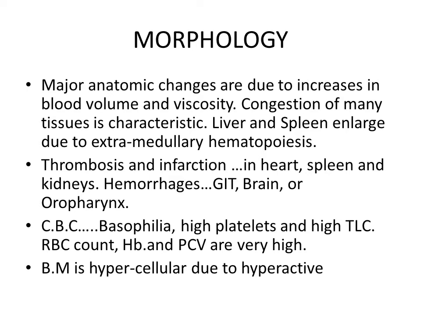If we aspirate the marrow, the bone marrow is hypercellular due to hyperactive erythropoiesis. This is understood. The tyrosine kinase results in increased activity of all these elements in the bone marrow.